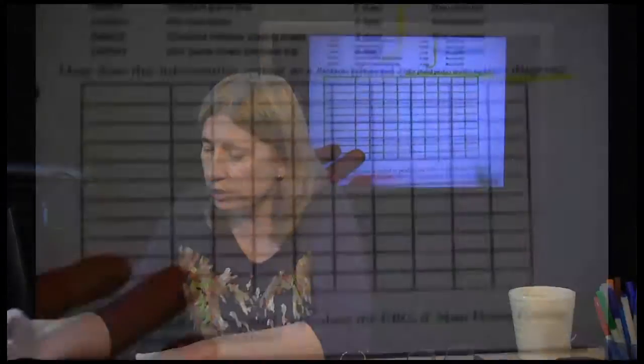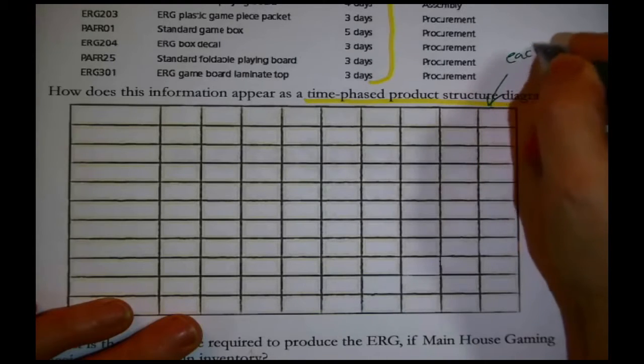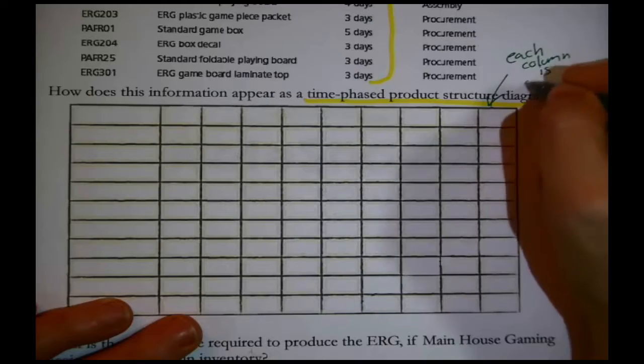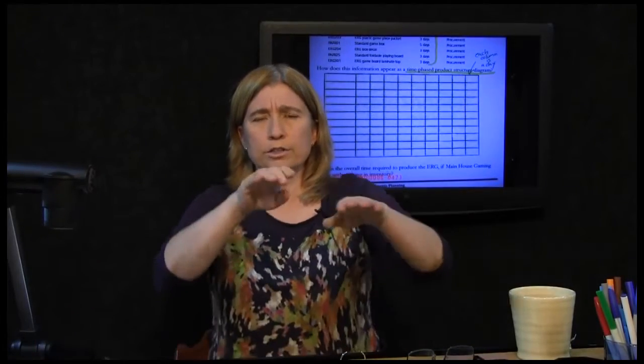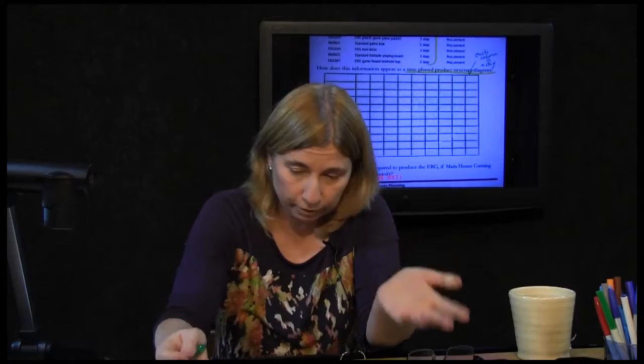For this particular problem, each column is a day. Because in any Gantt chart, typically the horizontal axis is the timeline, and so you're illustrating things happening over time, so you need that scale. What is the scale across the horizontal axis? For this problem, the most helpful way to do it is let each column be 1 day.